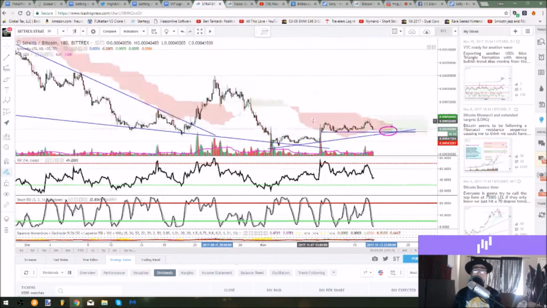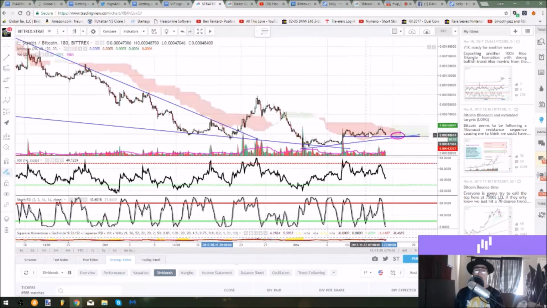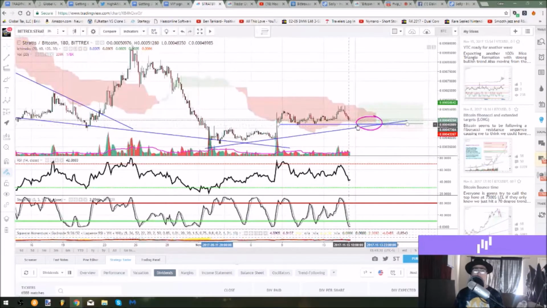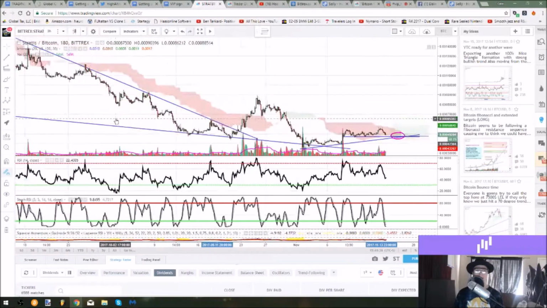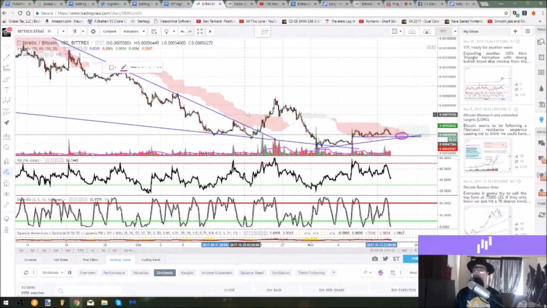When I post an entry, you want to buy low. Try to buy on the support of the Ichimoku cloud. Try to buy on the trending support. Use horizontal support and resistance. But the main thing to be mindful of is that when I post these entries, they're going to bounce up like this because they recently broke down trending resistance.